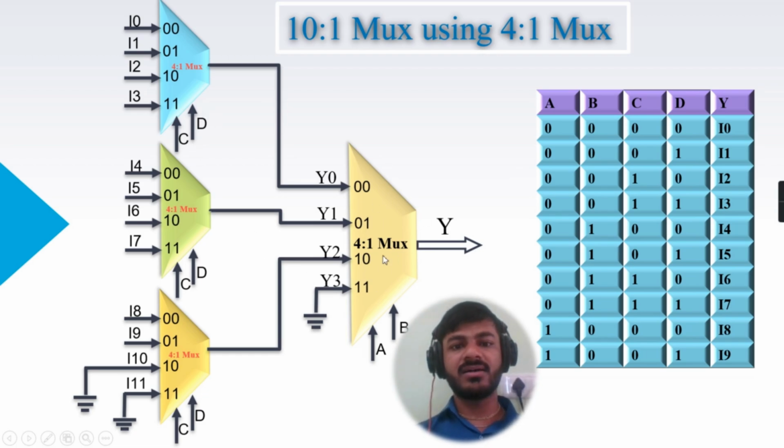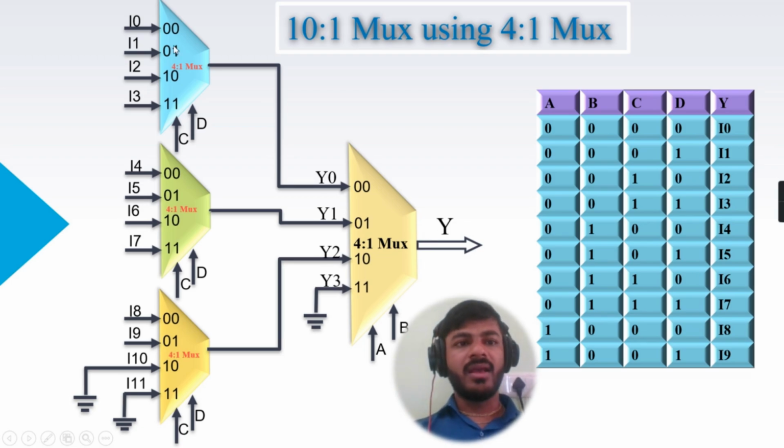In the second stage, we have only a single multiplexer, which has select lines A and B. Now if select lines C and D are 0, from the first 4:1 mux, I0 will be routed to Y0. From the second mux, I4 will be routed to Y1. From the third mux, I8 will be routed to Y2. Now, based on select lines A and B, these Y0, Y1, Y2 and Y3 will be routed to Y.